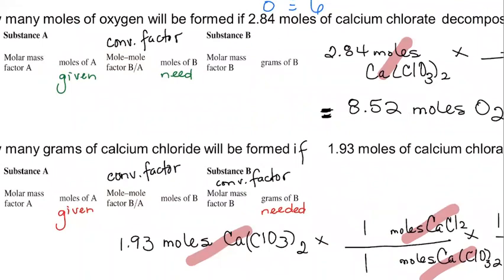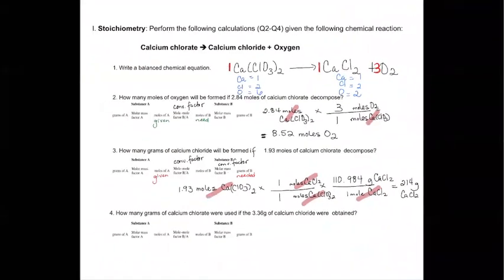The mole to mole factor comes from the balanced chemical equation. So in the second conversion factor, I need the molar mass of that second substance to get to the product, to get to the correct answer. So the grams of the calcium chloride come from the molar mass of it.